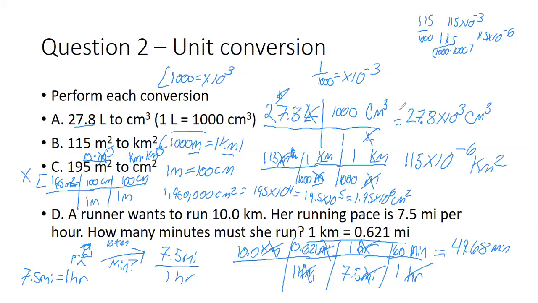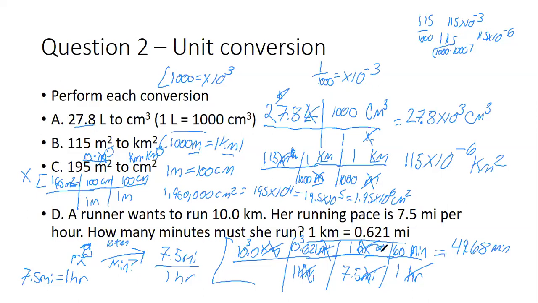So if we go back in our unit conversion here, we have 10.00, that has 3 sig figs. 0.621 has 3 sig figs. This 1 hour is actually like an infinite. When you say miles per hour, you're going to assume that hour is an exact measurement. So the sig figs for that is infinity.